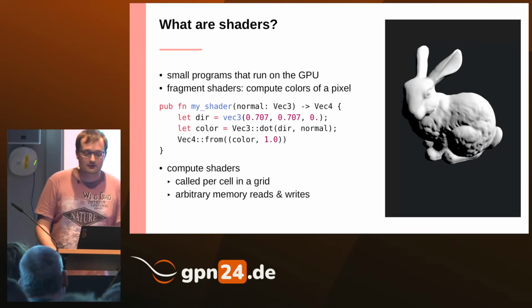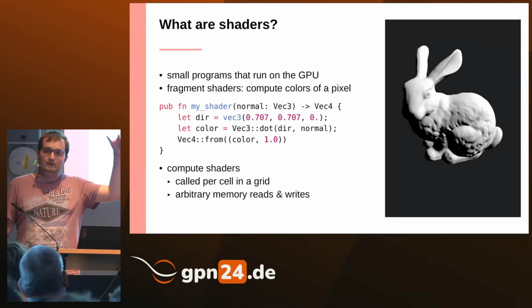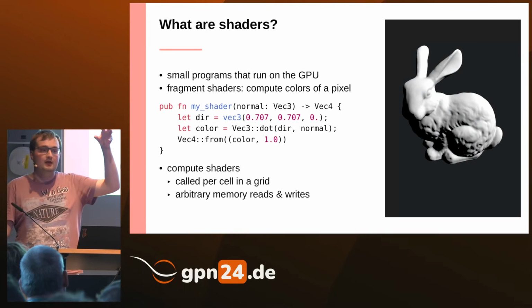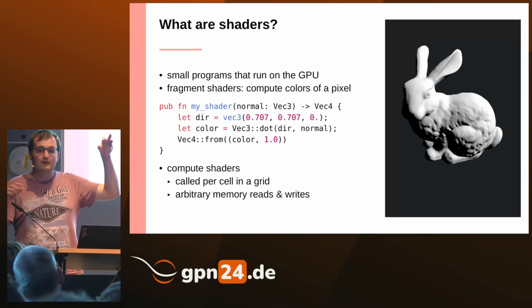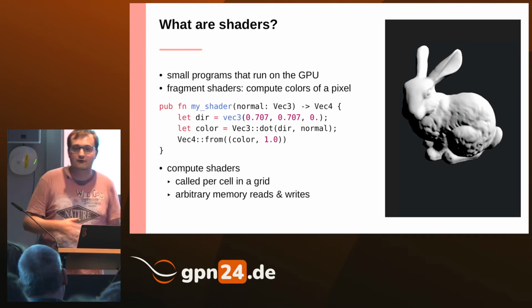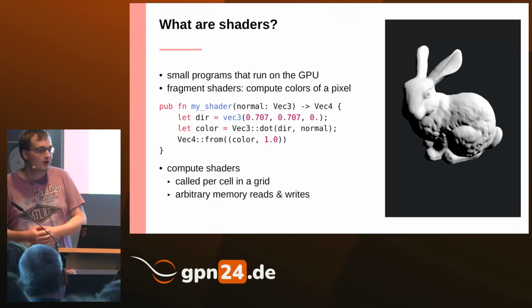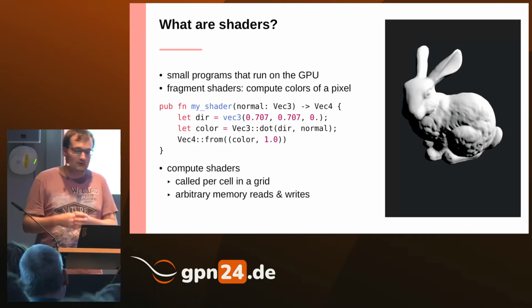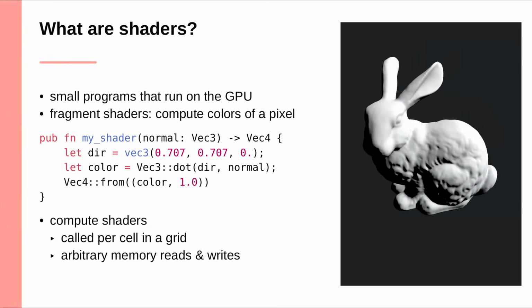You define some sort of grid, like a 3D grid, and for each cell in this grid you call the function. Within the function you can do whatever you want: arbitrary memory reads, writes, computations. You compile down those shaders and you can do whatever you want with it.